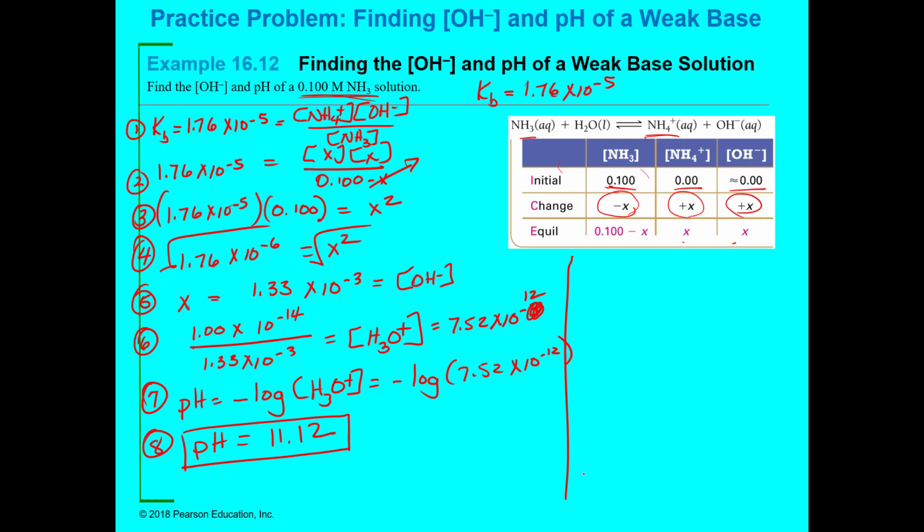Okay, you could have done it by taking the negative log of the OH, of 1.33 times 10 to the minus 3.